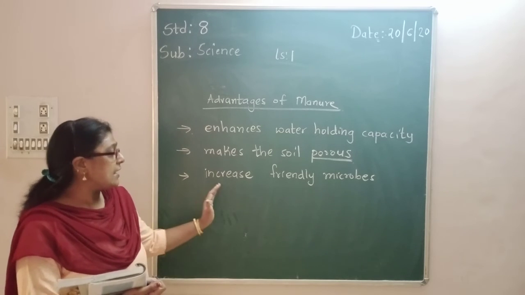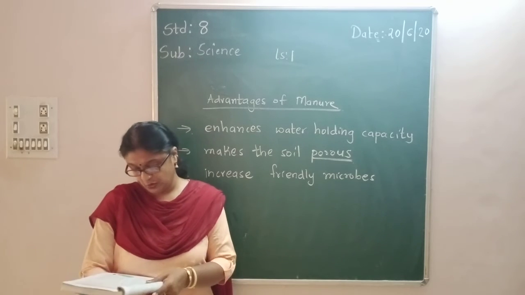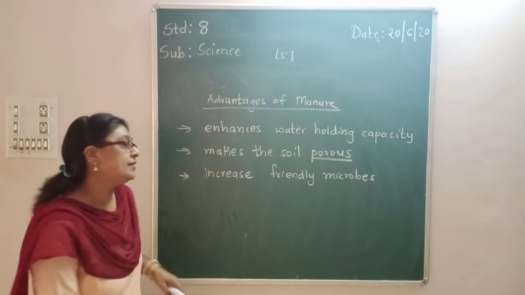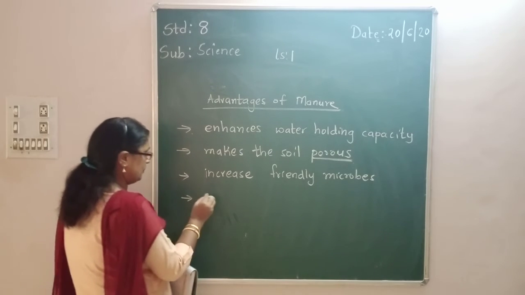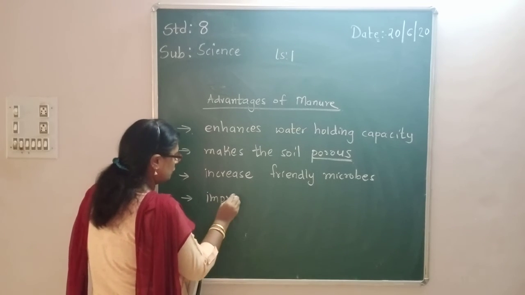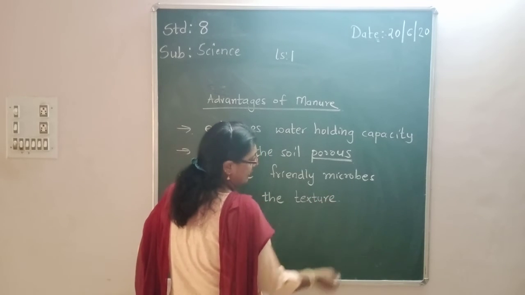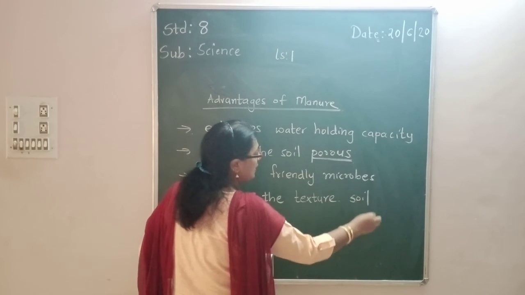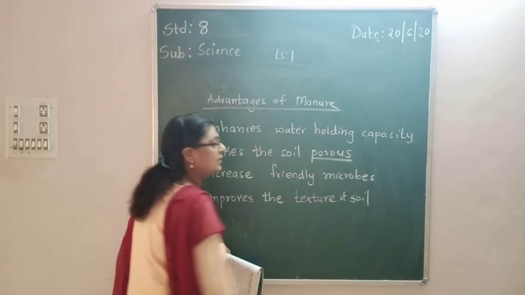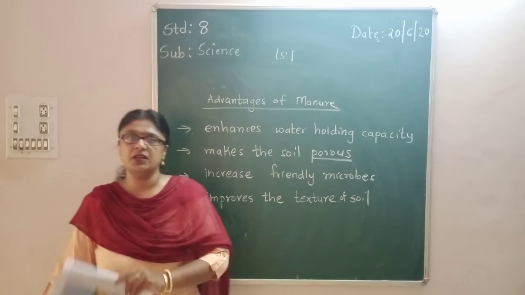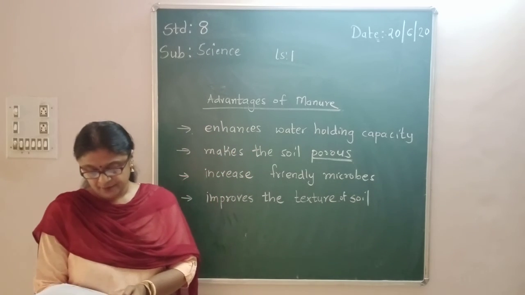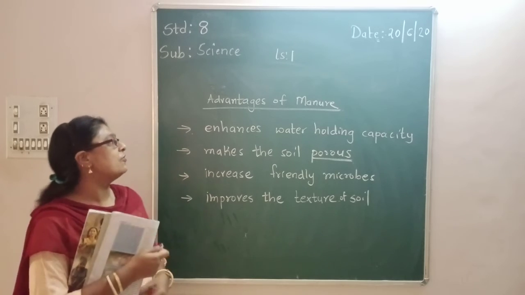Okay, so it increases the friendly microbes and it improves the texture of the soil. What is the meaning of texture? Texture means the quality. It improves the texture of the soil, the quality of the soil. So these are the 4 advantages of manure.